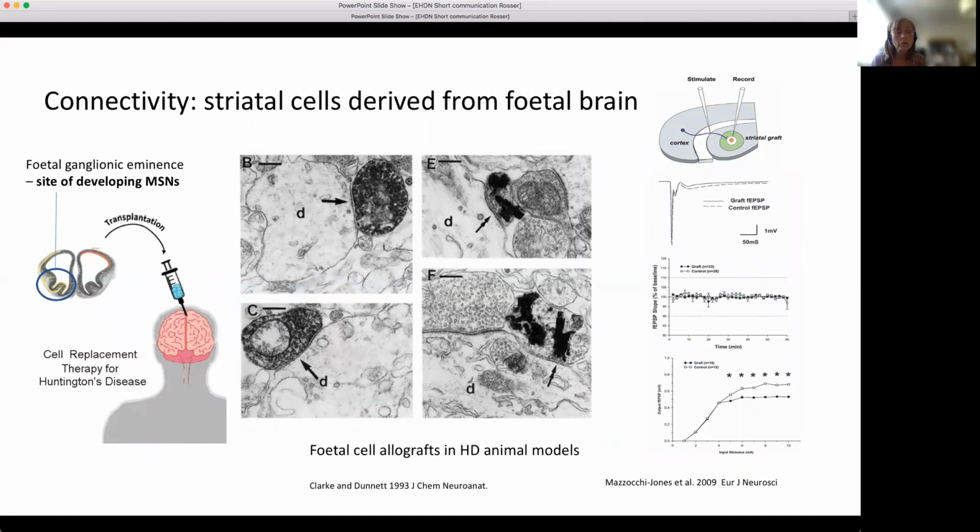Use of these cells as a donor source gives us confidence in cell therapy as a strategy, as it's led to a large number of published studies demonstrating formation of functional synapses between donor cells and the host, and amelioration of functional deficits following transplantation of fetal cells into HD animal models. And there are also 2 pilot human studies showing functional improvements post-transplantation.